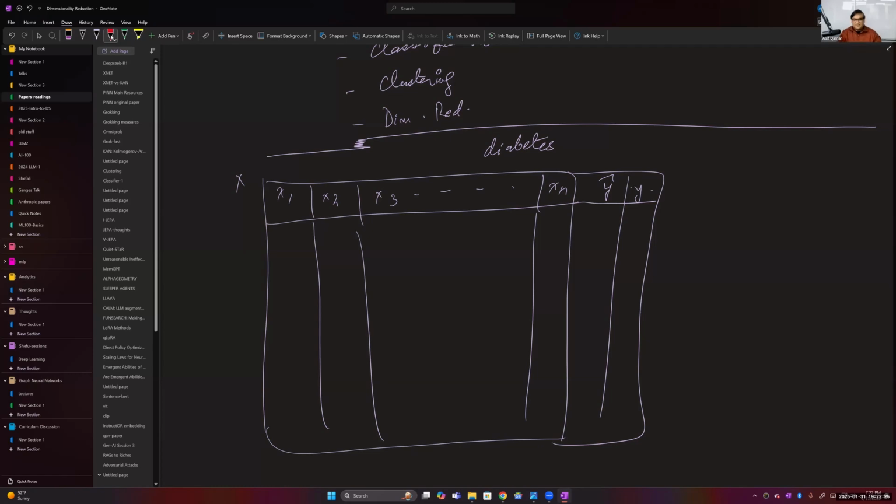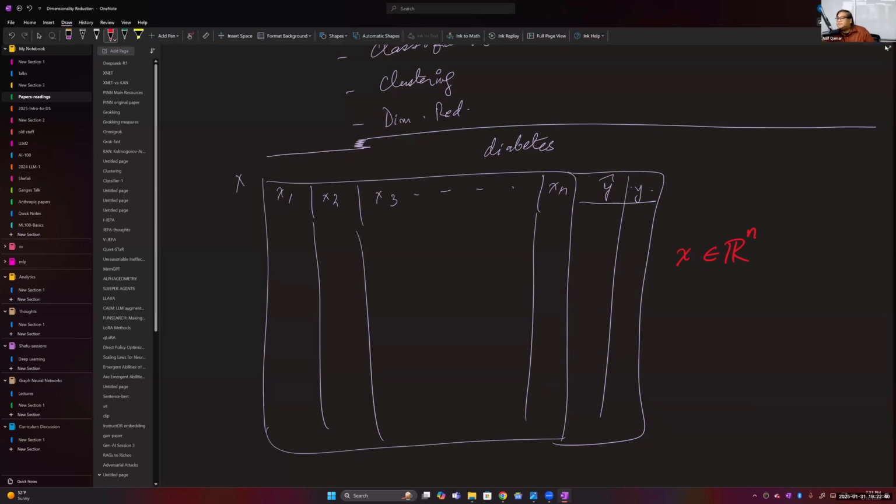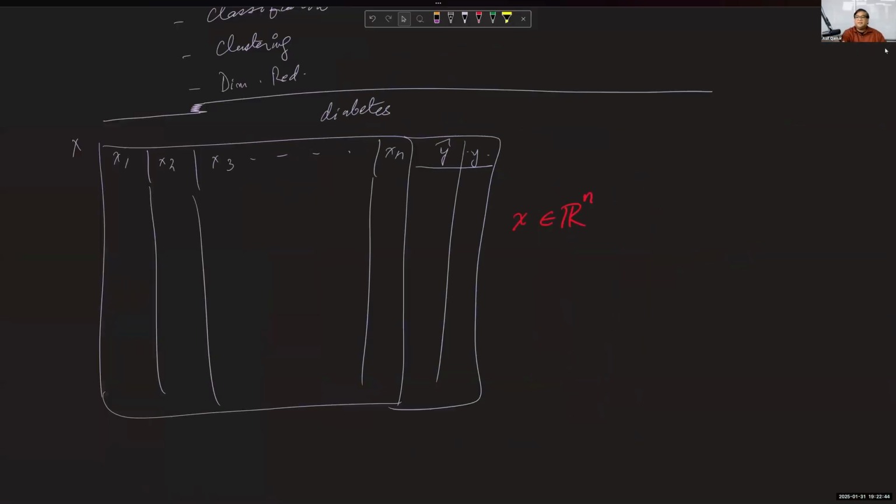So for example, in this case, your data has n factors. So you can say that X vector belongs to an n-dimensional space, right? If you could somehow reduce this to a smaller space, suppose you could create a new set of variables out of this.